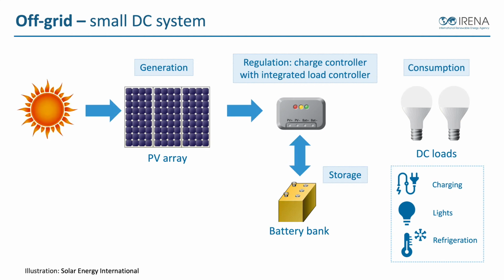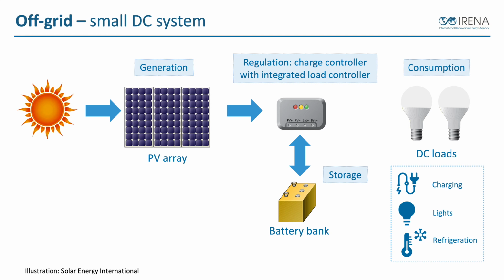So here we're going to look at a slightly different version of that same system, an off-grid small DC system. But the difference is we're now using a charge controller with what we call an integrated load controller. It's a very simple charge controller, but it has the ability to also control the electrical loads and manage the in and out of the battery charging.